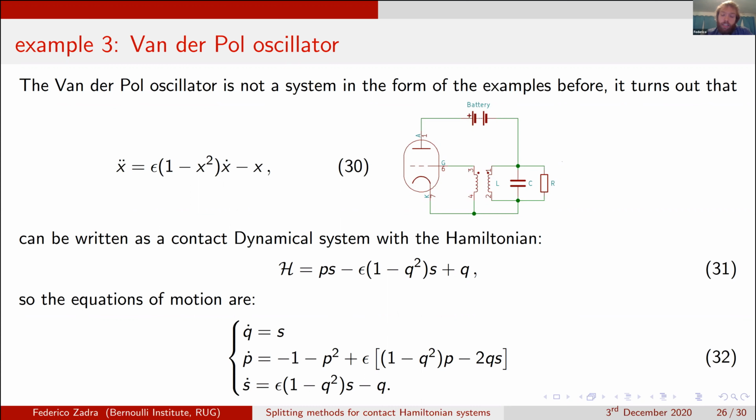In fact, this case is strange since from equation 32 we see that the momentum is taken by the s variable, while in the other cases the p variable plays the role of the extra dimension of the contact case.